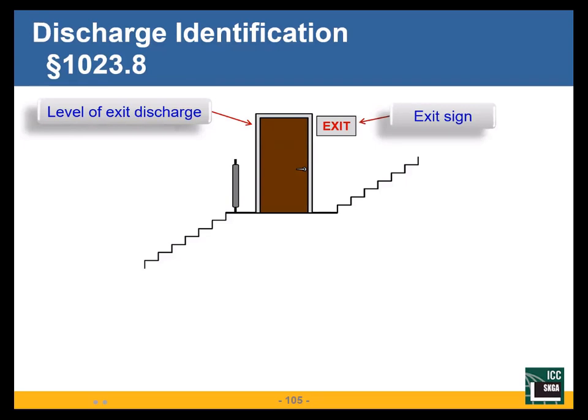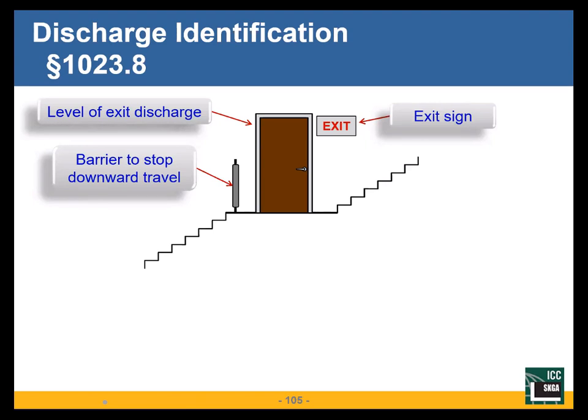I have to have an exit sign. That is the only exit sign inside the stairs. All the other exit signs are outside the door into the stairs. So the only exit sign inside the stair is at the level of exit discharge, and there's a barrier to keep me from just winding down to the bottom of the stairs.